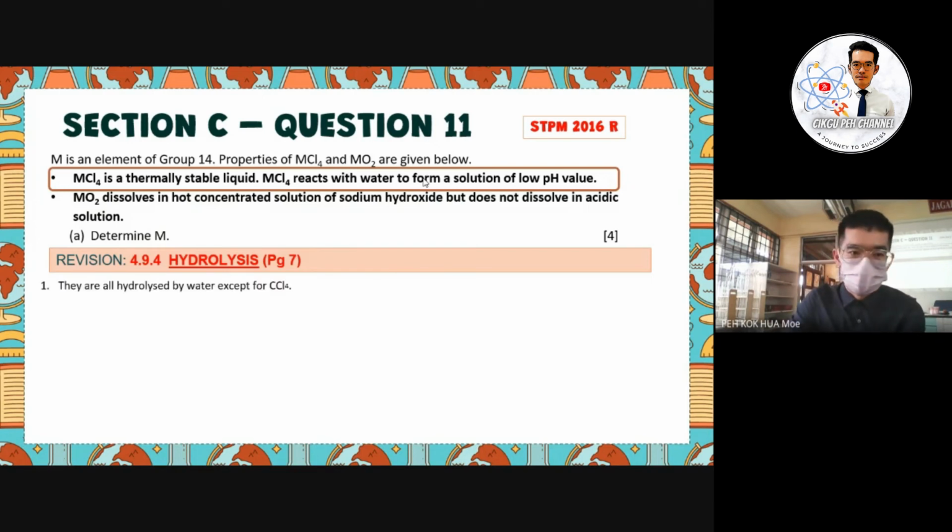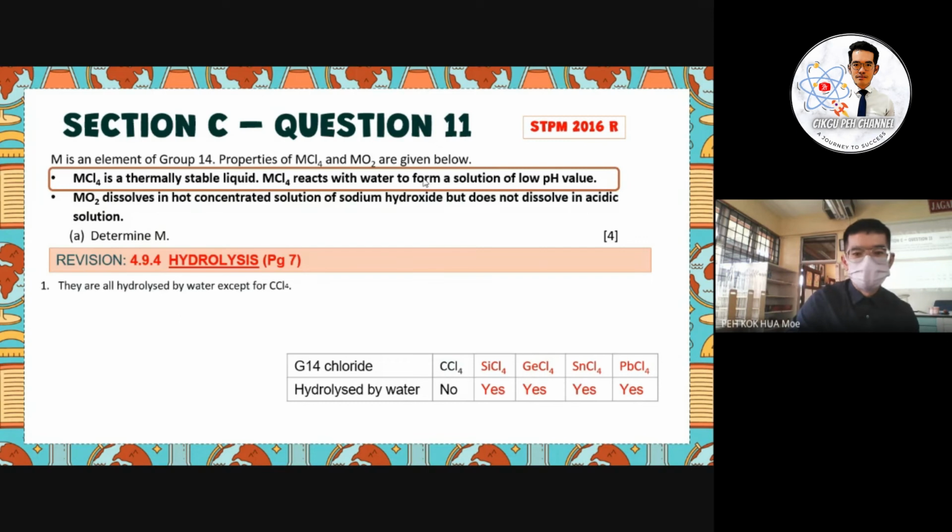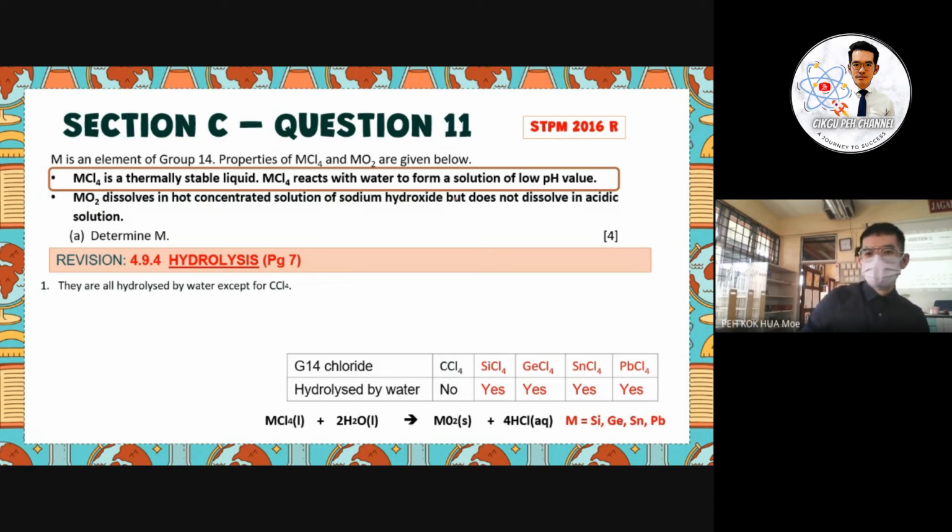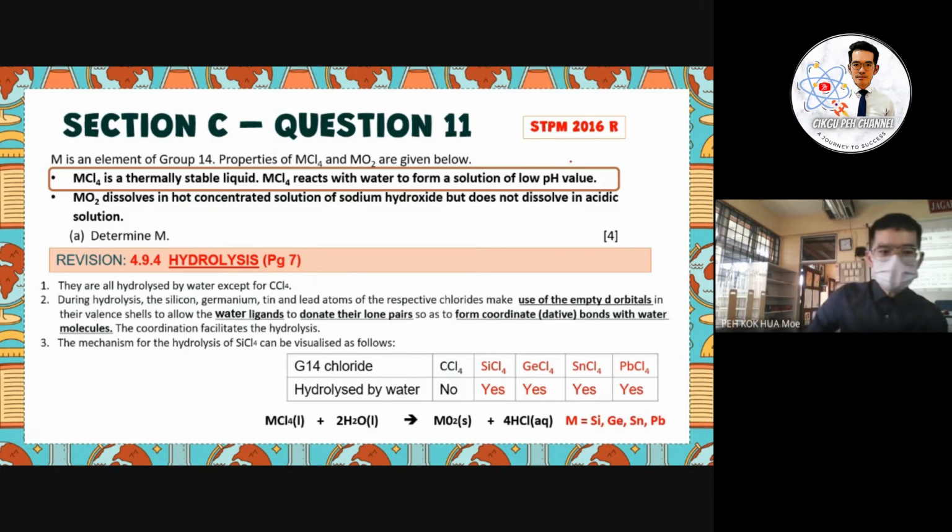So here you see they are all hydrolyzed by water except carbon tetrachloride. I already summarized this in the table. So all yes, only carbon tetrachloride no. So the equation for the hydrolysis produces the dioxide and hydrochloric acid, so they have the low pH value, which is acidic.